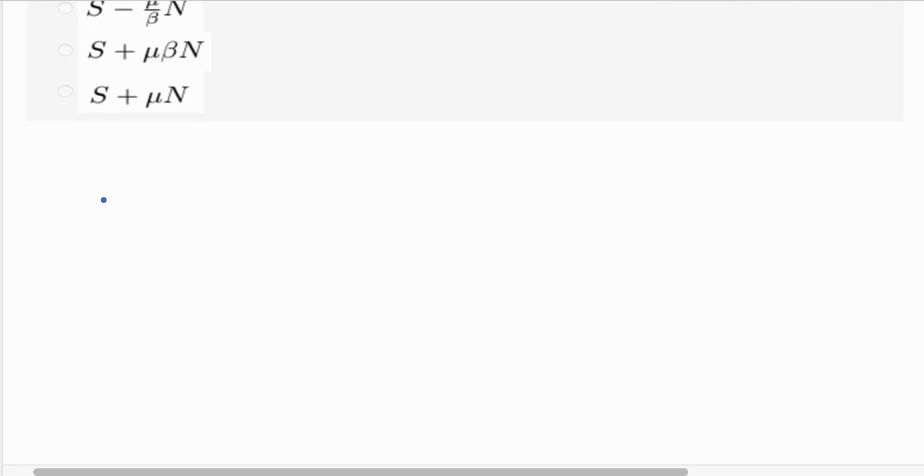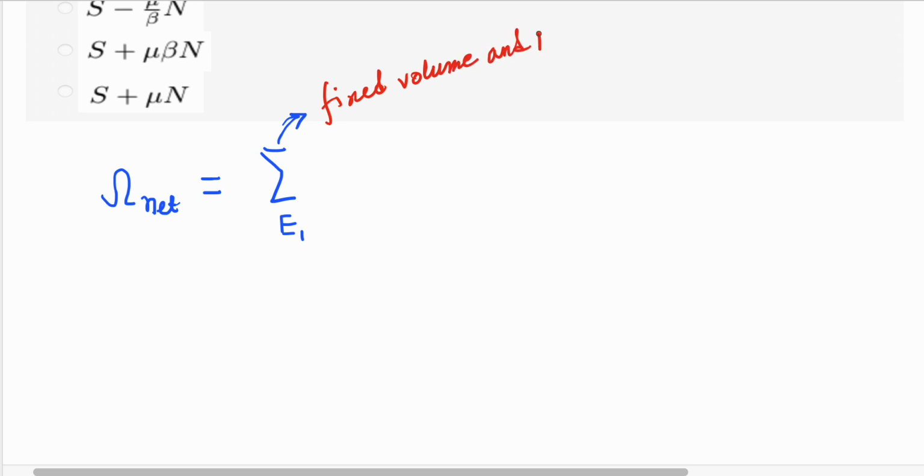To see that, first write the total number of microstates, capital omega net, which should be equal to the product over all possible energies with fixed volume and number of particles.